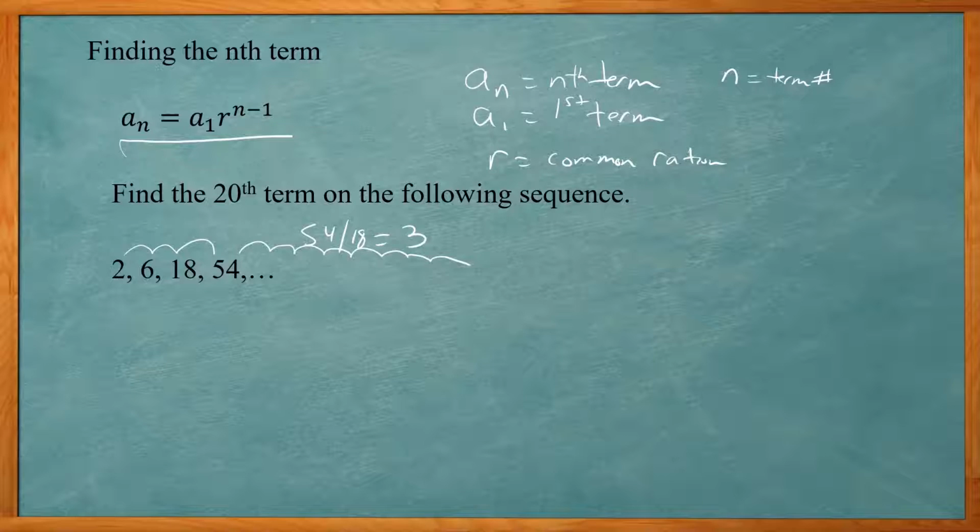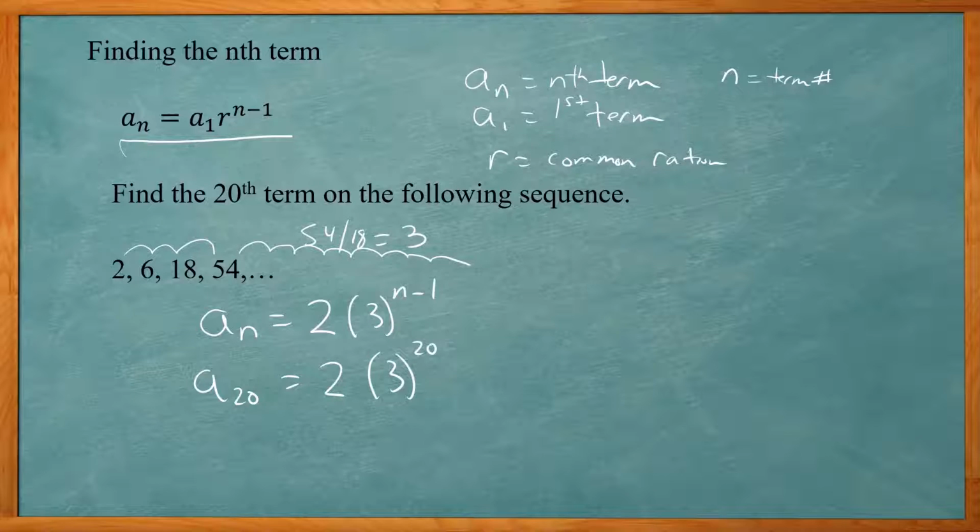So we know An is equal to A1, the first term, 2, common ratio 3, to the n minus 1 power. So the 20th term will equal 2 times 3 to the 20 minus 1 power, or 2 times 3 to the 19th power.